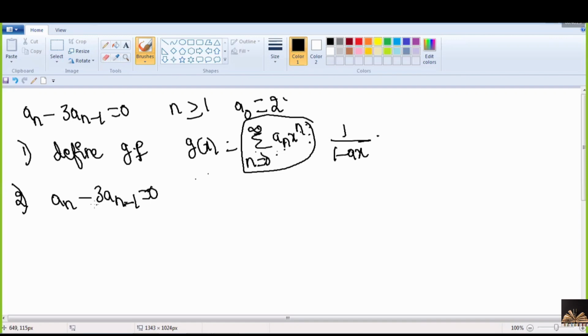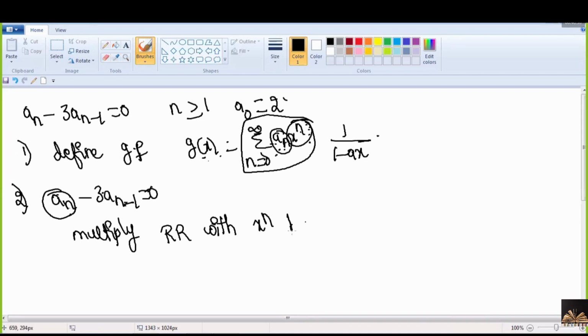When you observe this recurrence relation, here we have only an term. But in the definition of the generating function, an is multiplied by x power n. So what we can do is multiply the recurrence relation with x power n on both sides.